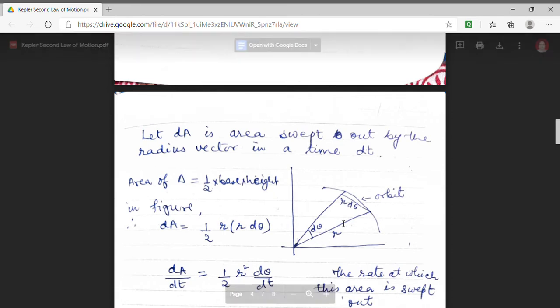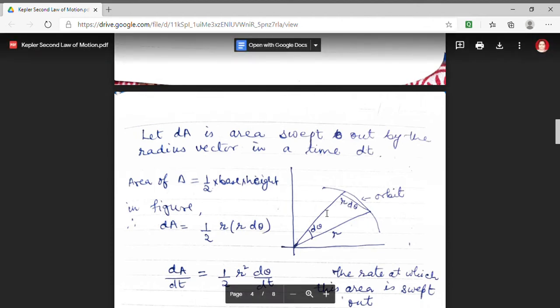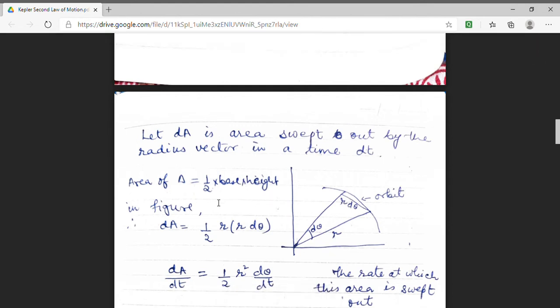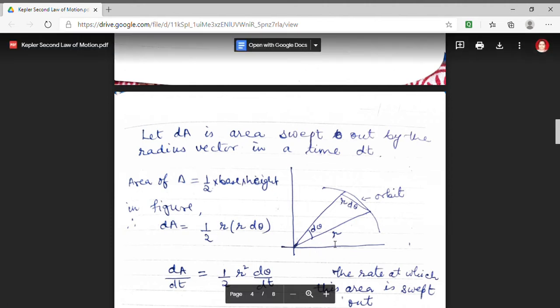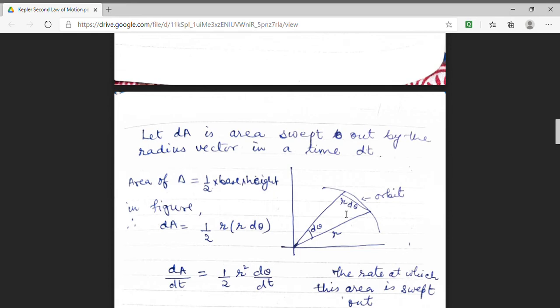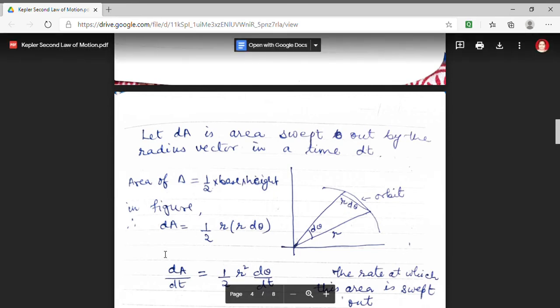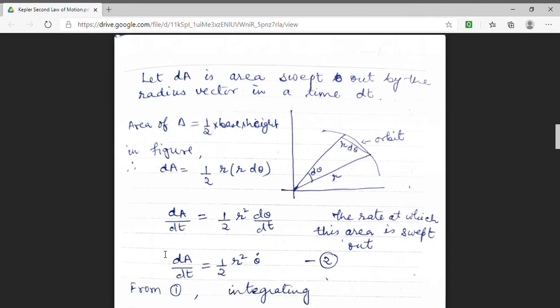So I can easily find the area of this triangle, since the area of a triangle is half base into height, and I am taking my area to be dA. Half the base is r and the height will be equal to r d theta. So dA will be half r square d theta.